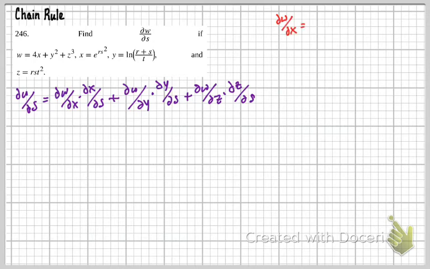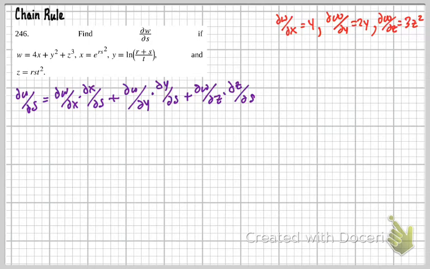So dw dx, that's going to be 4. dw dy, that's going to equal 2y, and dw dz, that's going to equal 3z squared.